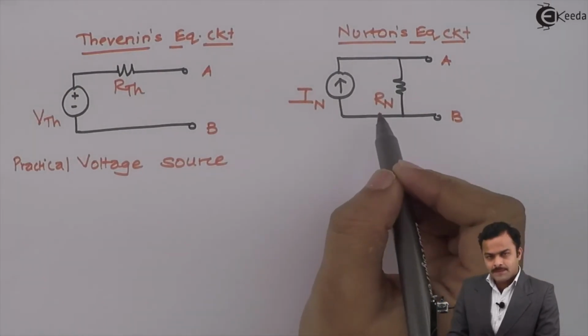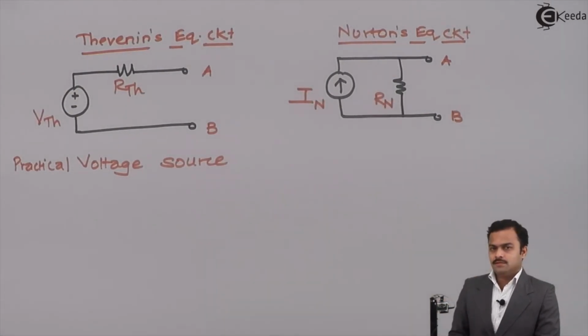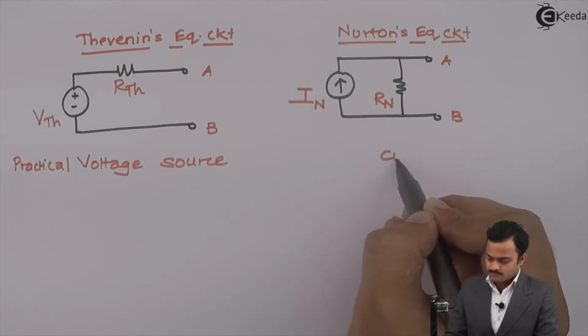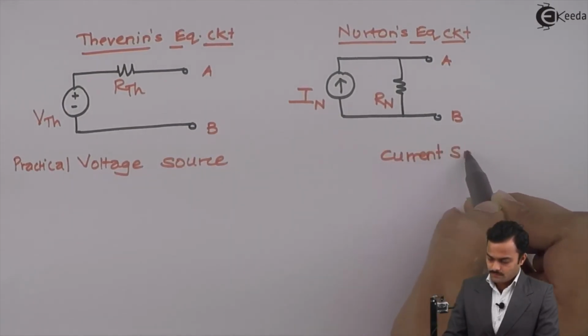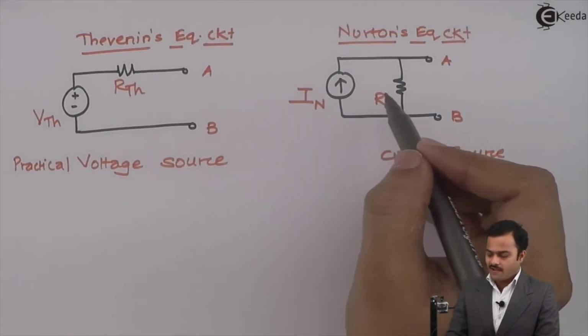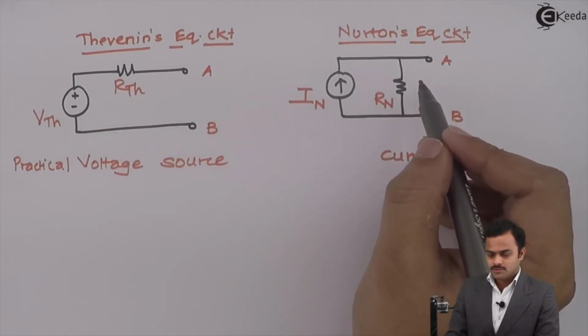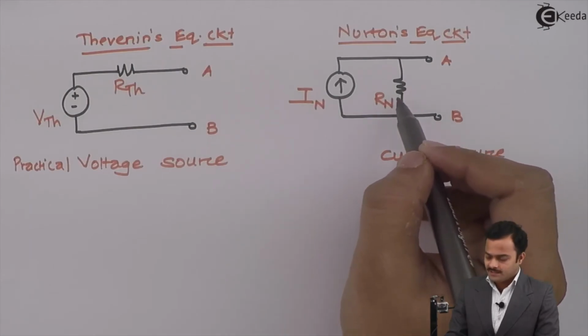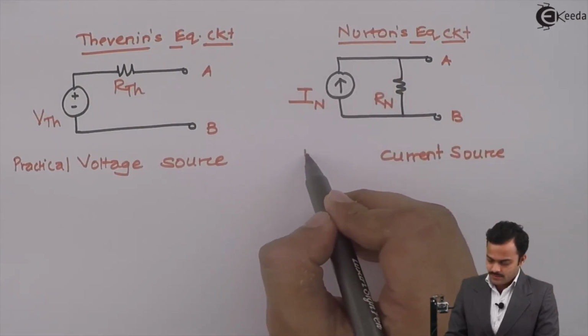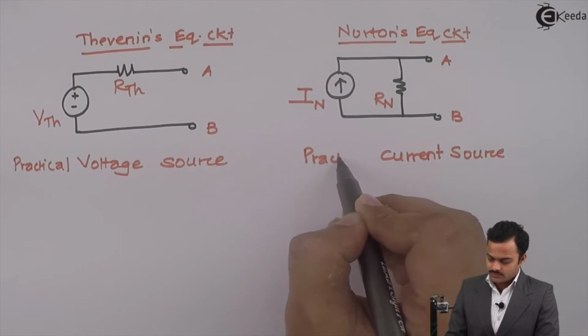Now if you see properly, I can relate this to a current source. This current source is having a resistance across it, which I can consider as internal resistance. So ultimately it is a practical current source.